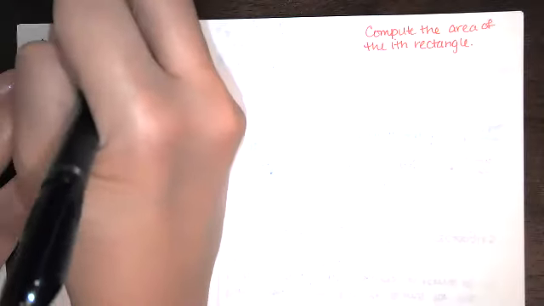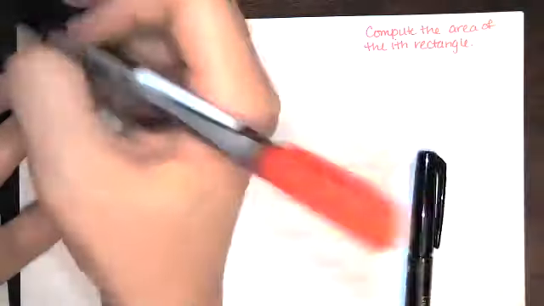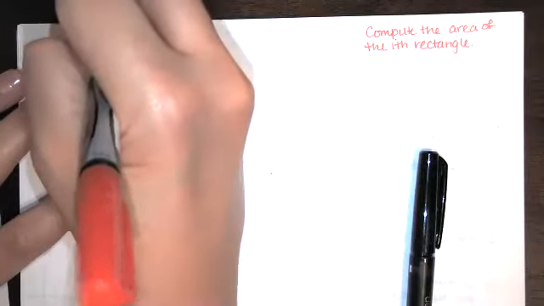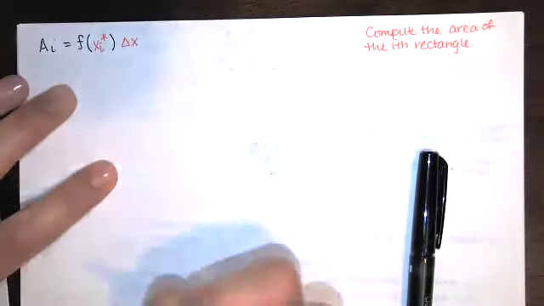So we want to compute the area of the ith rectangle. We could call that A sub i. It's just length times width, and that's just the function evaluated at x sub i star, so that's a chosen x value, times the width, which is delta x.